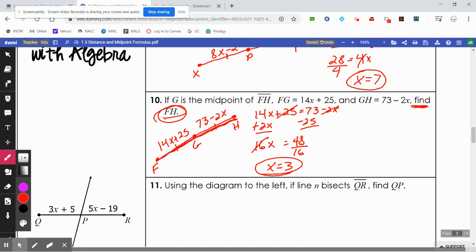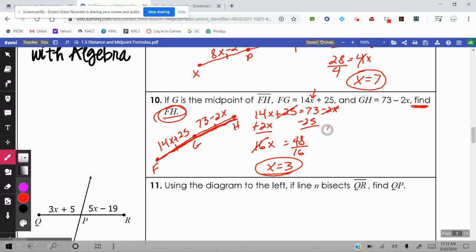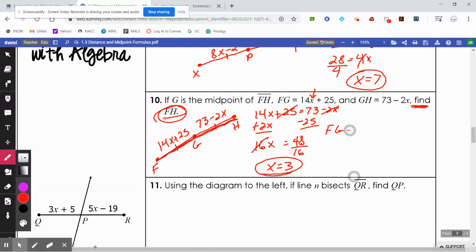So what we're going to do is go back and plug that x value of 3 in. We're going to find out when you plug in 3 here that you have 14 times 3 is 42 plus 25. That gives you a value. FG would have a length of 69.